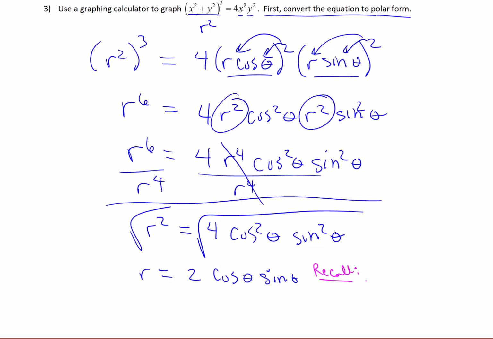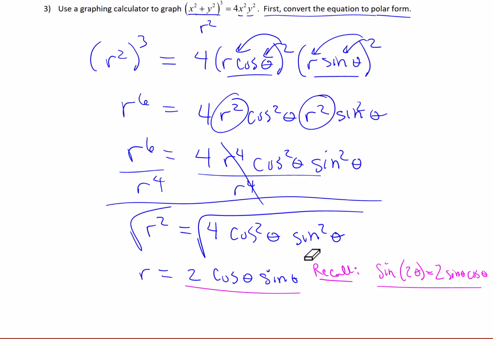because it's maybe been a little bit since we've used this, but we know that sine of 2 theta equals 2 sine theta cosine theta. So that's an older identity for us that we could actually recognize as happening right here in this very equation. Of course, the sine and cosine are kind of flipped in the order we might be used to seeing them.